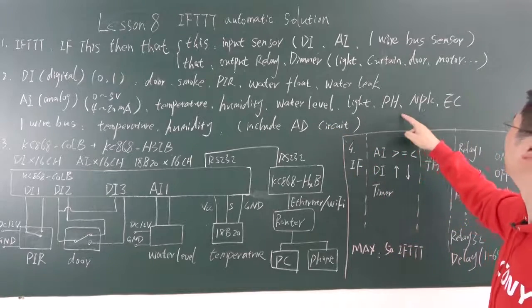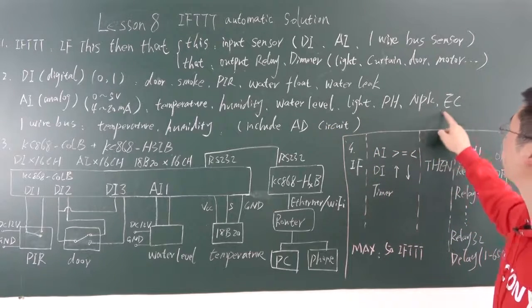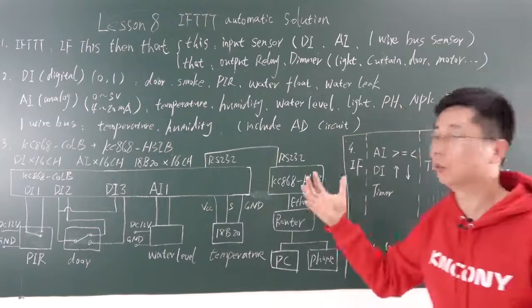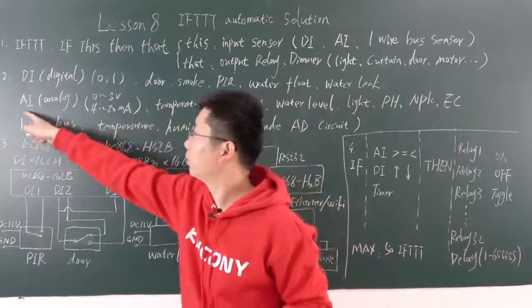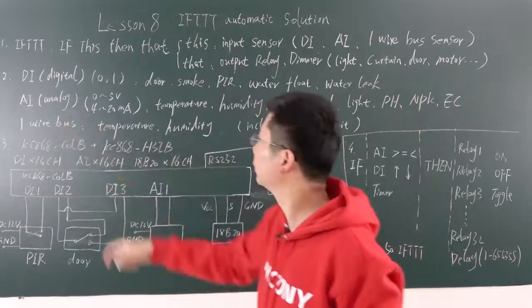Light and soil pH all have values, so these are used by the analog input.